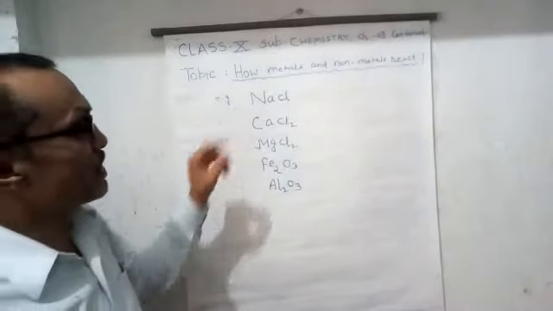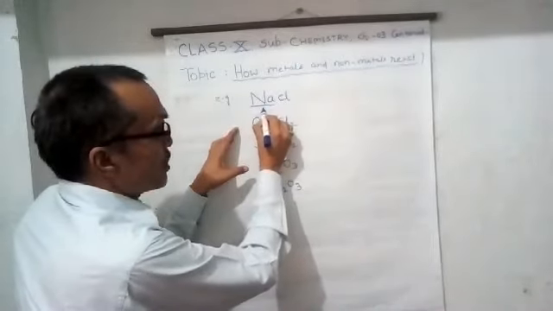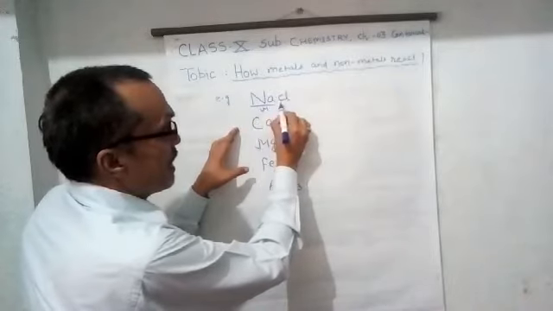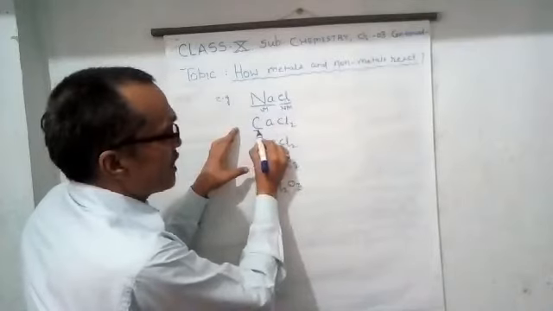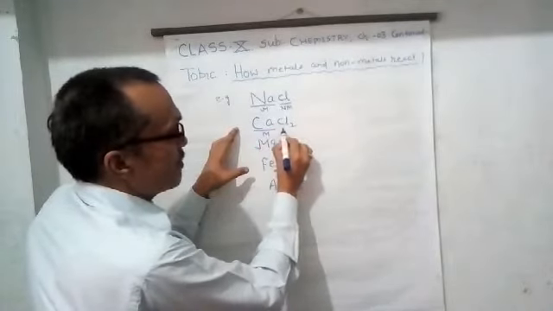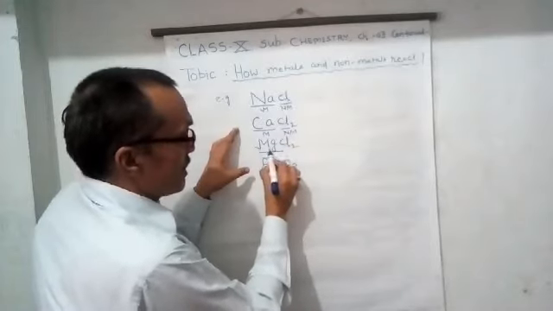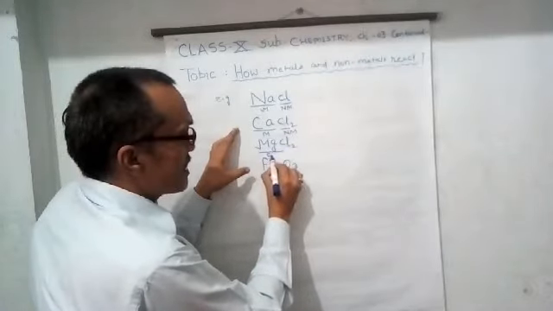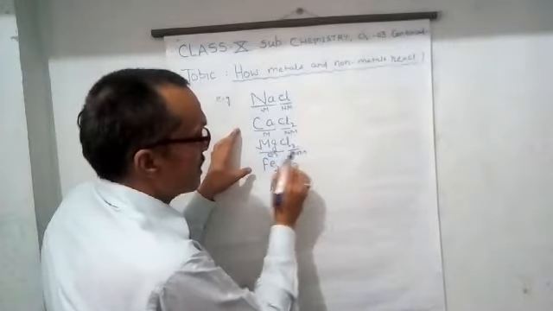As you are looking here, and as you are familiar, sodium is a metal and chlorine is a non-metal. In a similar way, calcium is a metal, chlorine is a non-metal. In the next example, magnesium is a metal and chlorine is a non-metal.